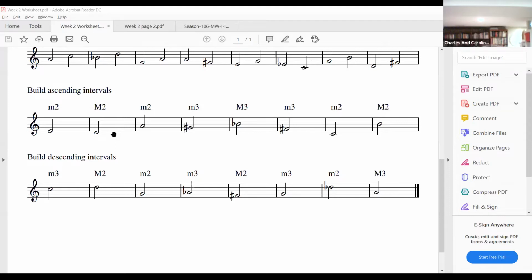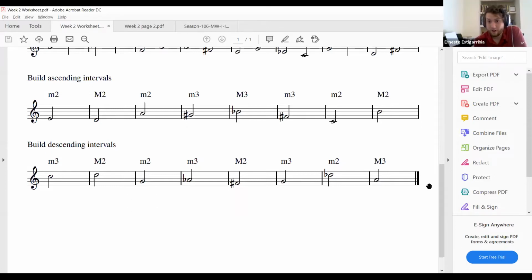Well, it's a second. If you have a D, you want to go to the next note. What is the next note after D? E, exactly. So your options are E natural or E flat. Which one of the two is major? Natural. Exactly. See how easy that took? No time. Okay, so then you do the same for the minor third.